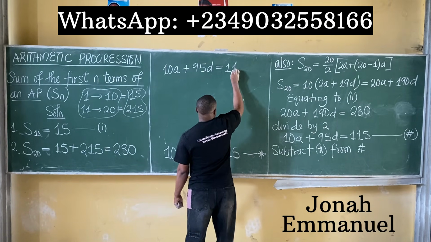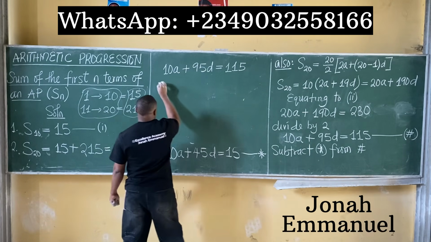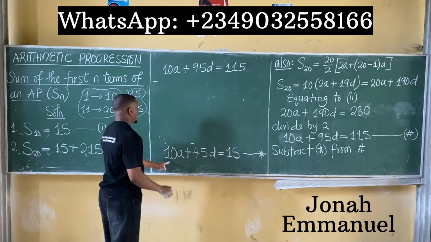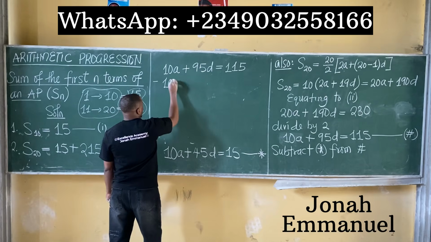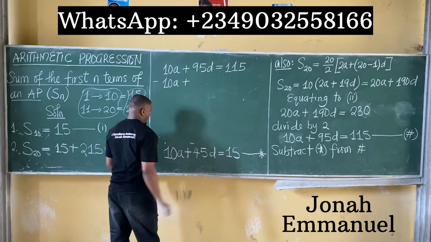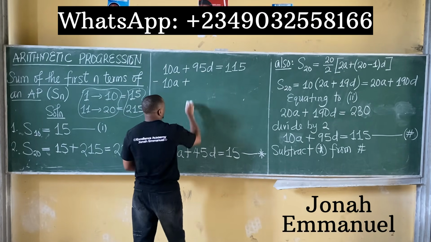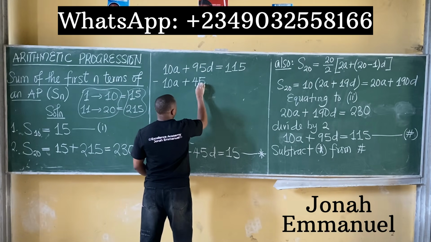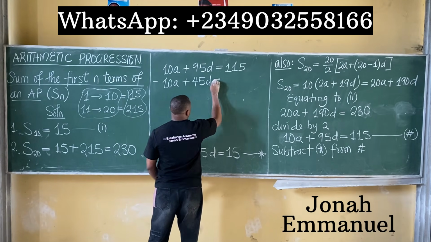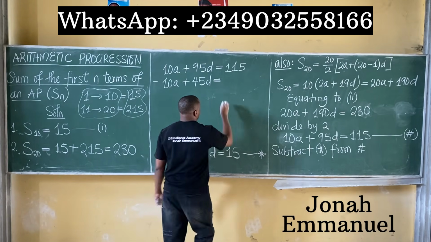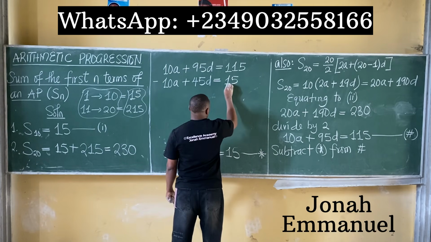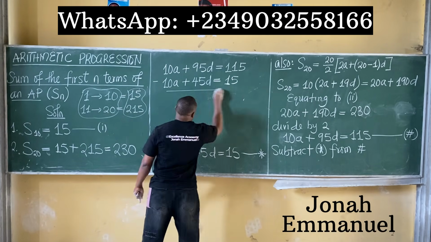So 115 minus 15. Next we have 10a plus this one here, 45d, is equal to 15. All right. So let's subtract them.